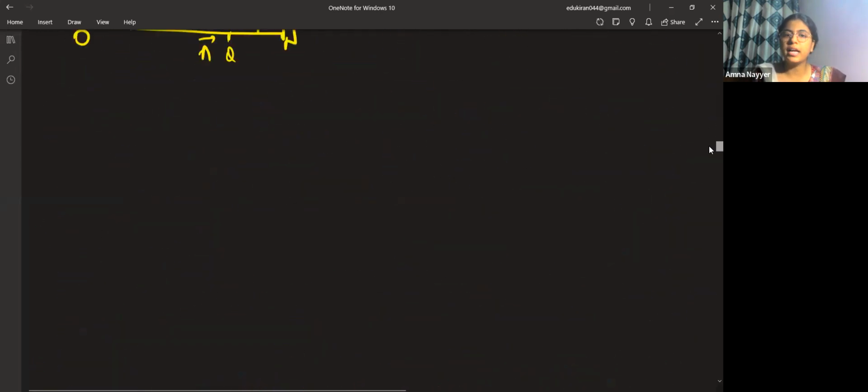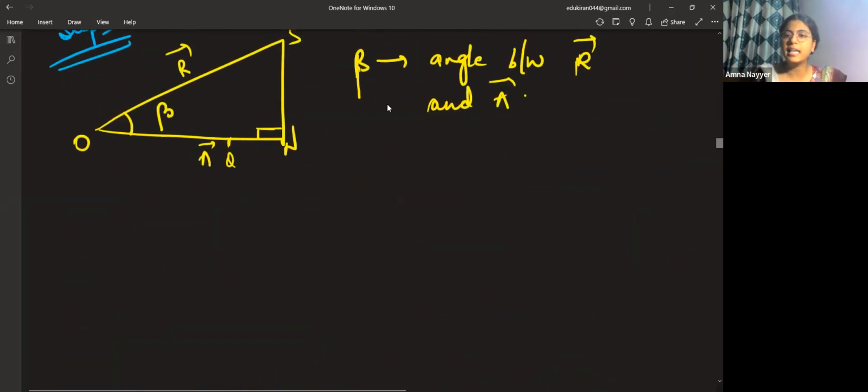This triangle I have drawn separately. Beta is the angle between the resultant and the vector A. Now if we look at this triangle, tan beta will simply be this perpendicular, that is Sn, divided by this base, that is On.